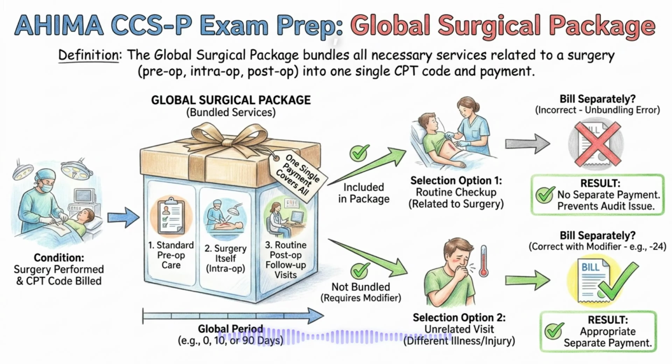Because these services are bundled together into one single payment, you cannot bill separately for a routine checkup that occurs during the patient's normal recovery period. Understanding what is included in this global package is essential for knowing when it is appropriate to use a modifier.